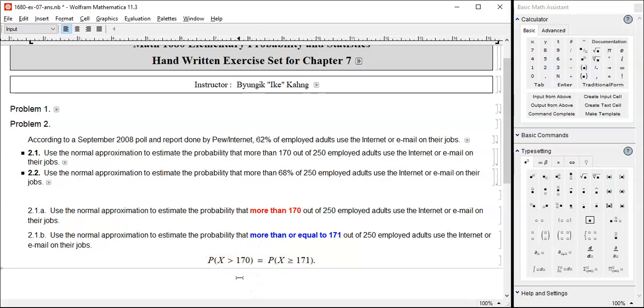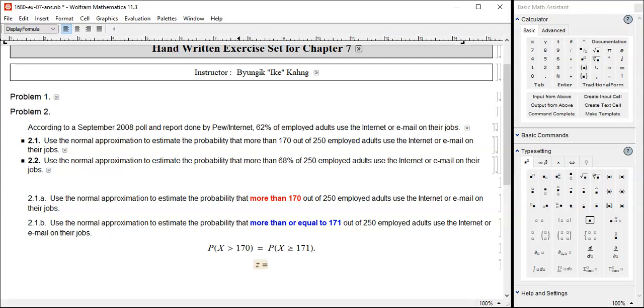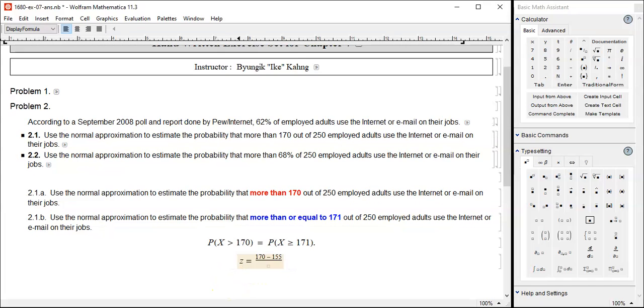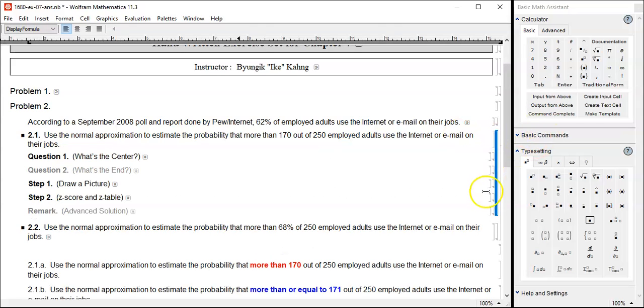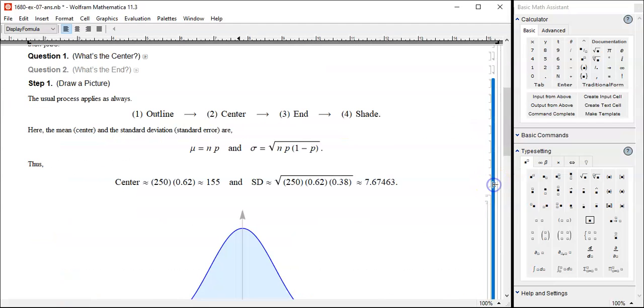However, if I take the z-score as 170 minus center 155 over, let's see, what is the standard deviation? I already forgot, so let me go back there.